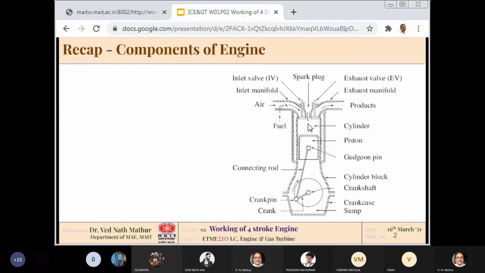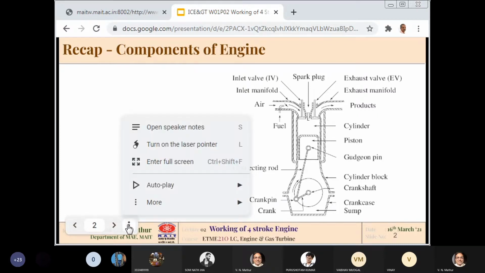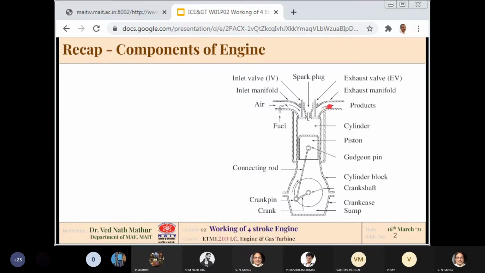And if it's a spark ignited engine, there is a spark plug. And after combustion, exhaust gases move out of the cylinder from the exhaust manifold. Again, there is an exhaust valve to open and close this exhaust manifold passage. Product of combustion moves out from the exhaust manifold. So this passage is the exhaust manifold, and this is the inlet manifold.